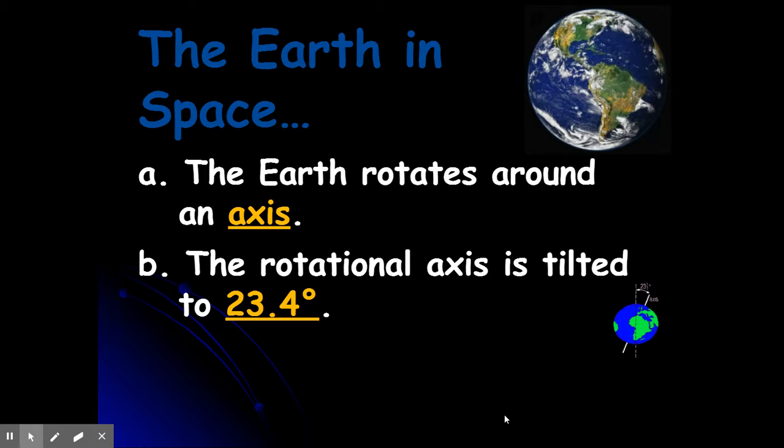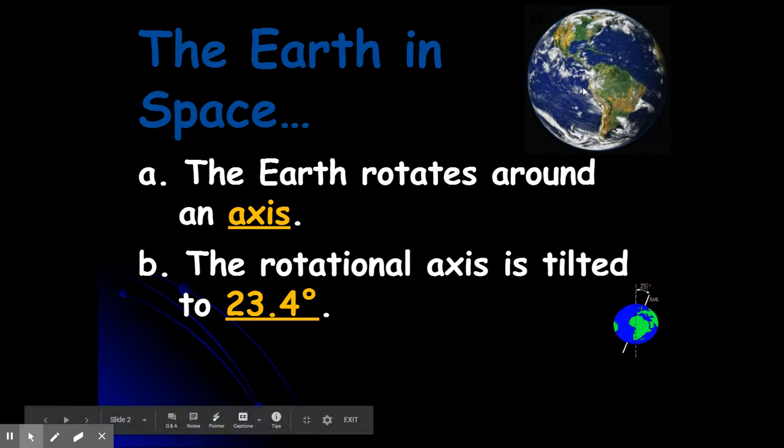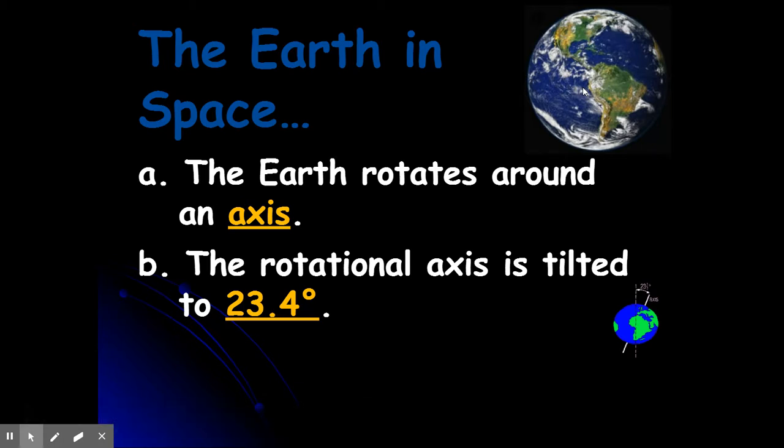The axis is tilted. That's extremely important. So we see this image of the Earth here at the top. That's not really accurate. That's kind of the Earth sitting straight up and down. The picture that you see down here at the bottom is more closely indicative of what the Earth looks like in space. The axis is tilted 23.4 degrees, and that has a big effect on our daily lives, and we'll talk about that effect as we move through it.